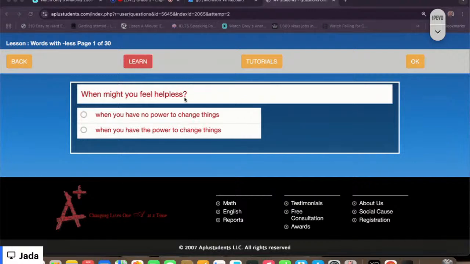Okay, when might you feel helpless? When you have no power to change things, or when you have the power to change things? When do you feel helpless?